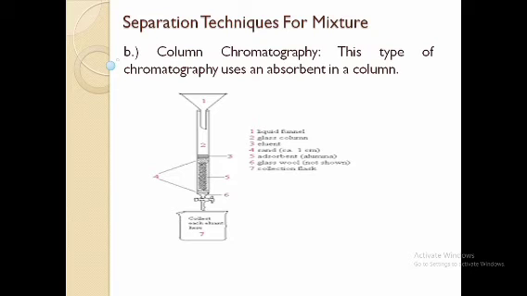The mixture is then separated out as it moves through the column, and the components are colored. They are separated as visible bands. It should be noted that the absorbent should be kept wet so as to allow easy separation of components.